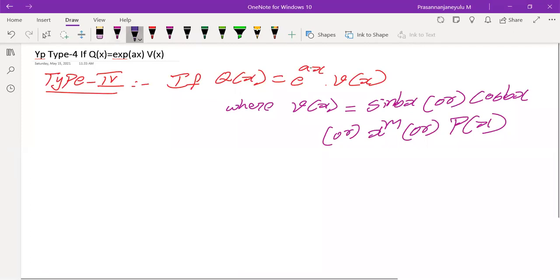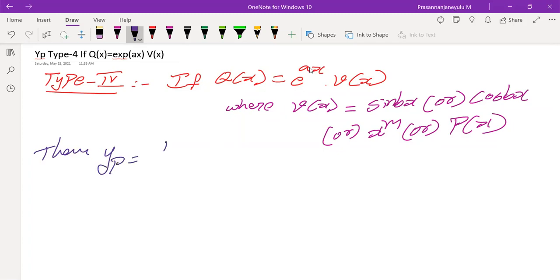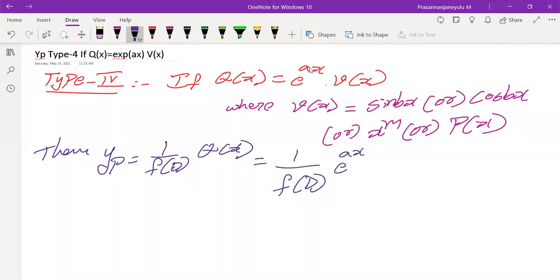Okay. So now yp is equal to 1 by f of d of q of x, that is, 1 by f of d of e power ax into v of x.